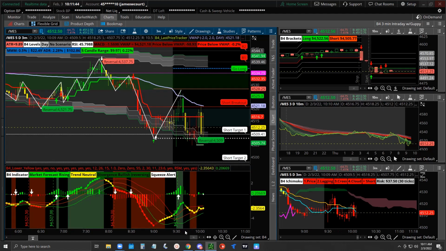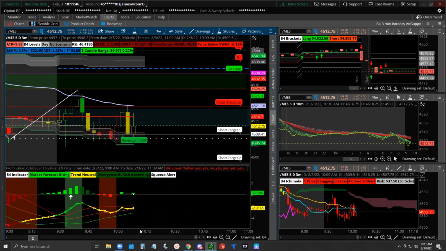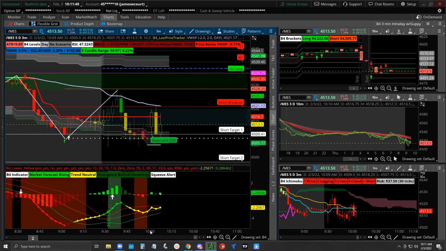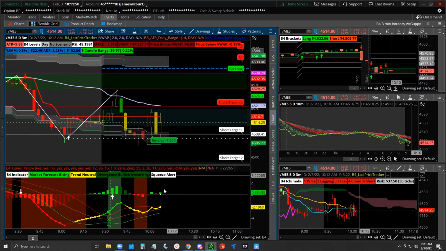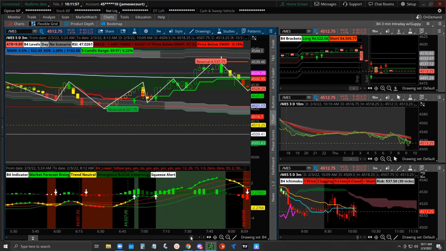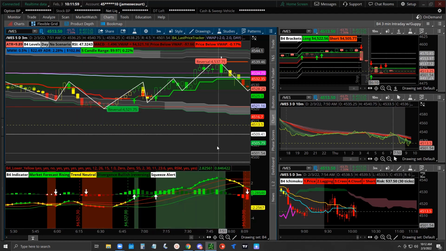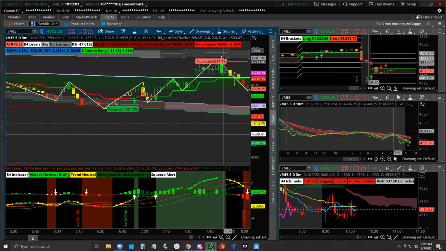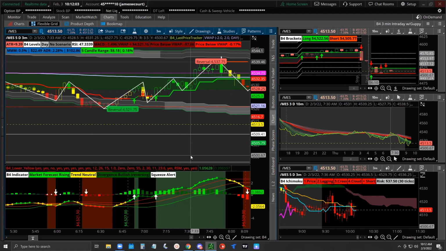On the 60-minute, you see how it's so dangerous for bulls? There's 48 minutes, and if that hourly bar actually closes below minus 23.40, we're going to end up coming down here. So there are sell stop orders waiting.